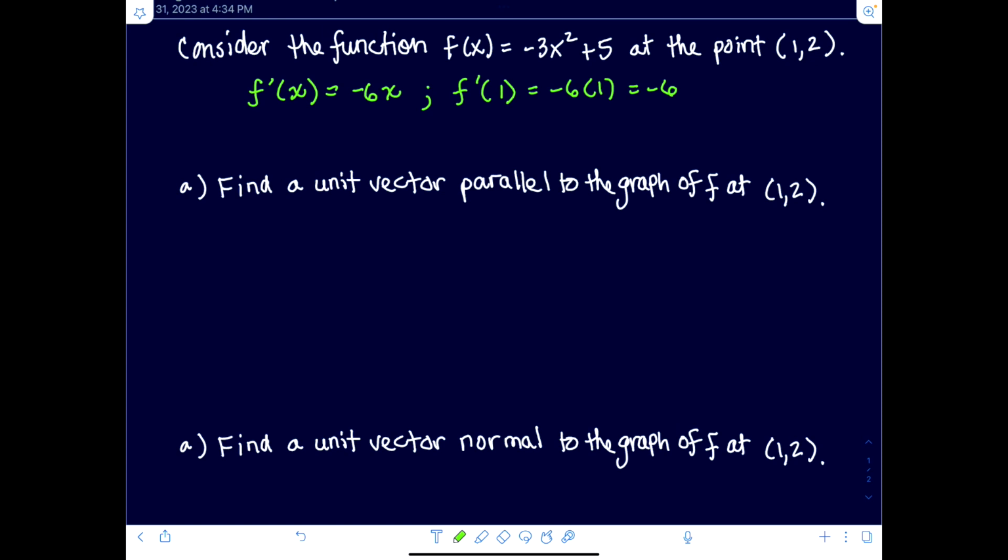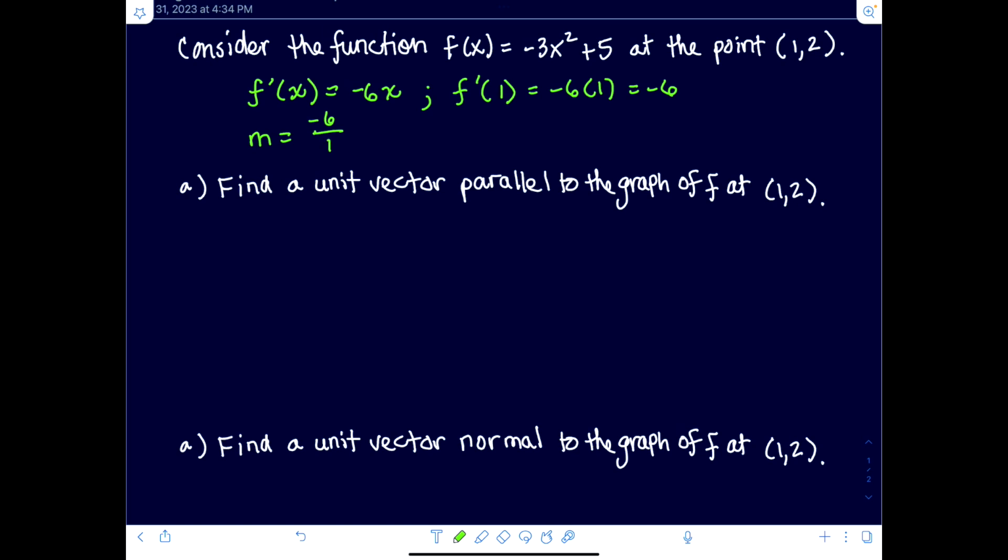When we're thinking about slope, the slope of the graph at this point is exactly negative 6, or negative 6 over 1, thinking about rise over run.